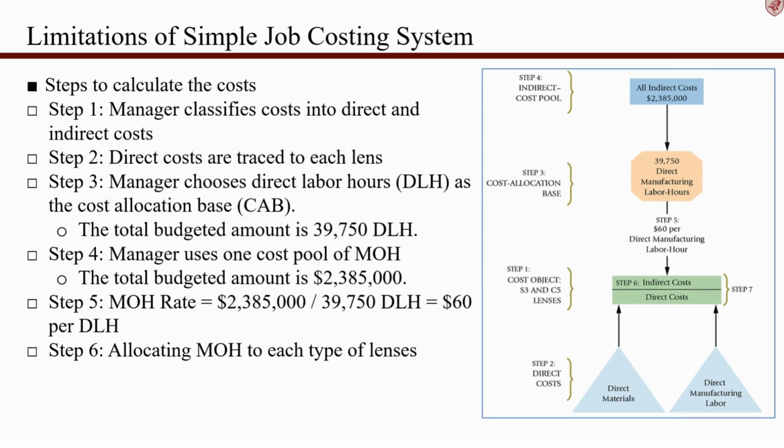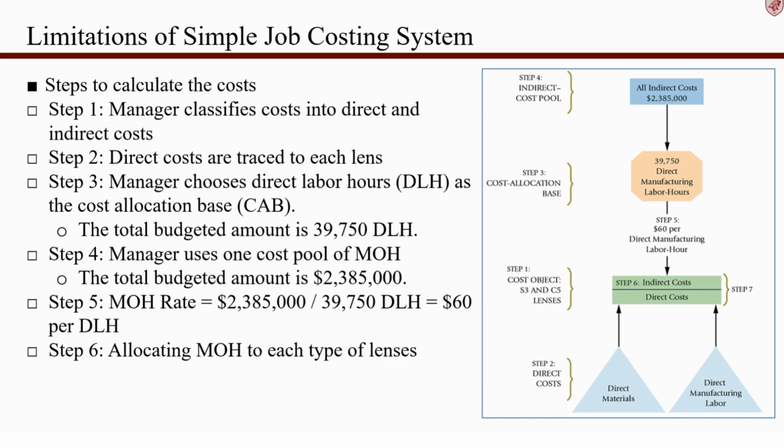So basically, they choose the direct labor hour, the DLH, as the cost allocation base, where they think the labor hour is the reasonable driver for the manufacturing overheads. So in total, let's say the budgeted amount of labor hours is 39,750.